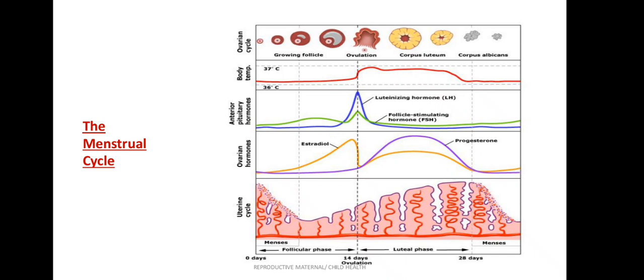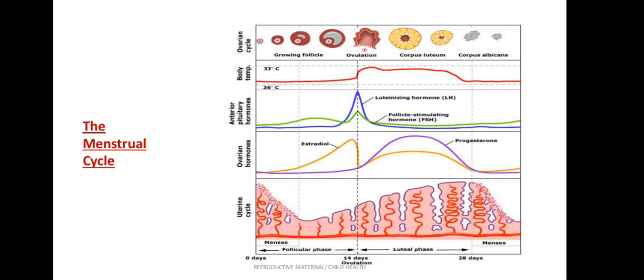So one day before menstruation is marked by constriction of the spiral arteries, which leads to ischemia of the endometrium, leukocyte infiltration, and red blood cell extravasation. And also there is a prostaglandin effect that results in pain.